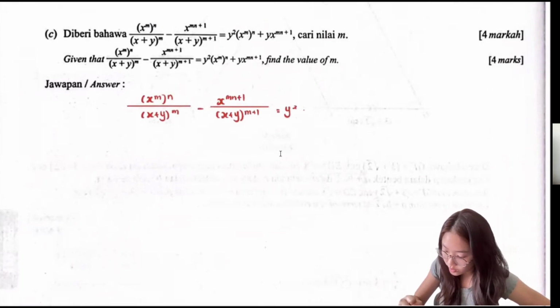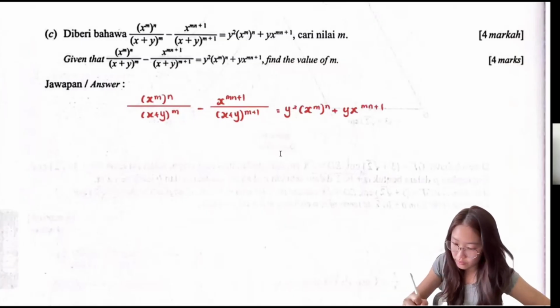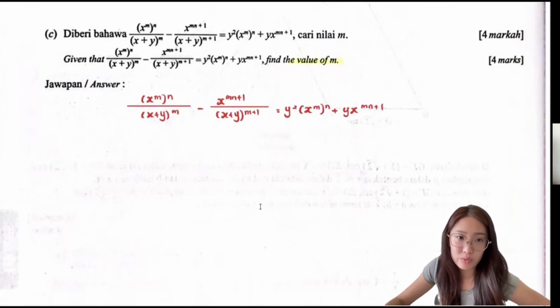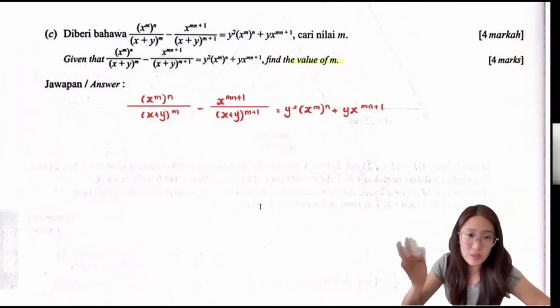Equals y squared x power m power n plus y x power mn plus 1. Okay, find the value of m. Okay, find the value of m, meaning m has to be a number at the end. Okay, you need to find what is the number for m. Okay, at the end of the day, your x, y will be gone.